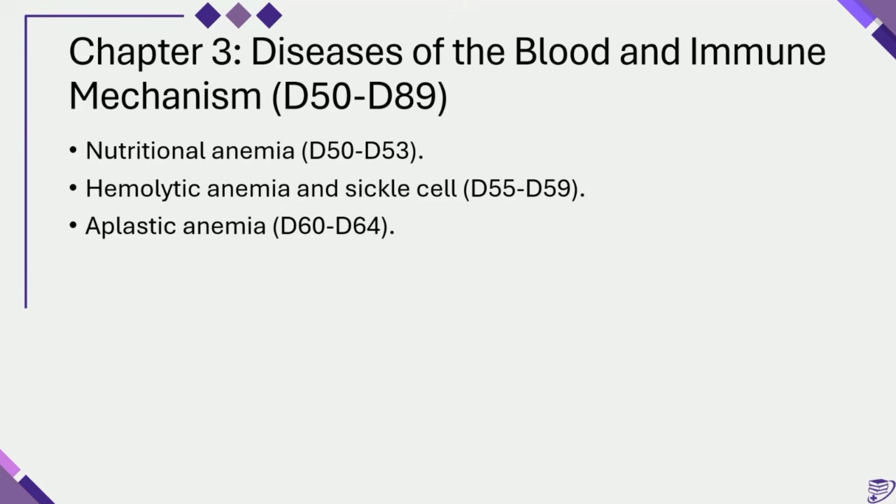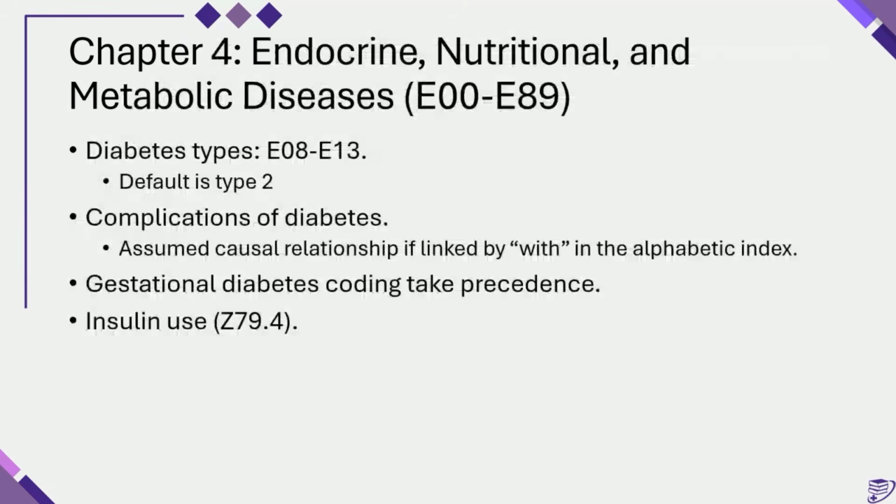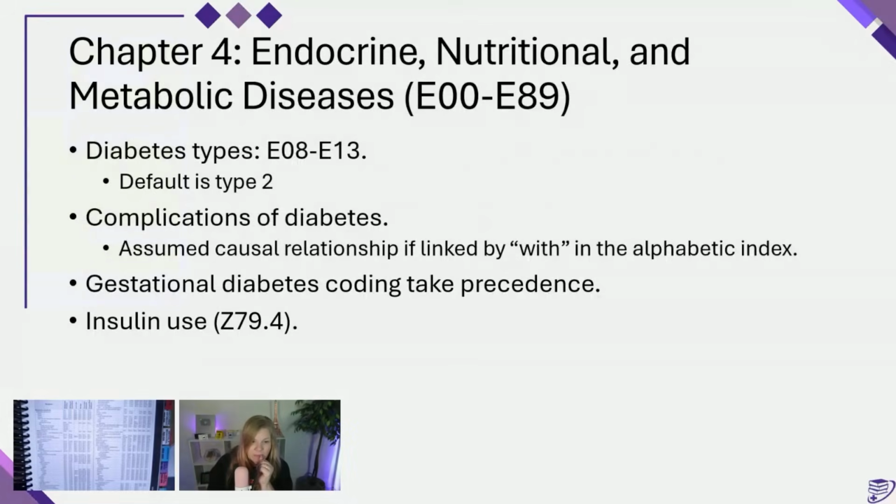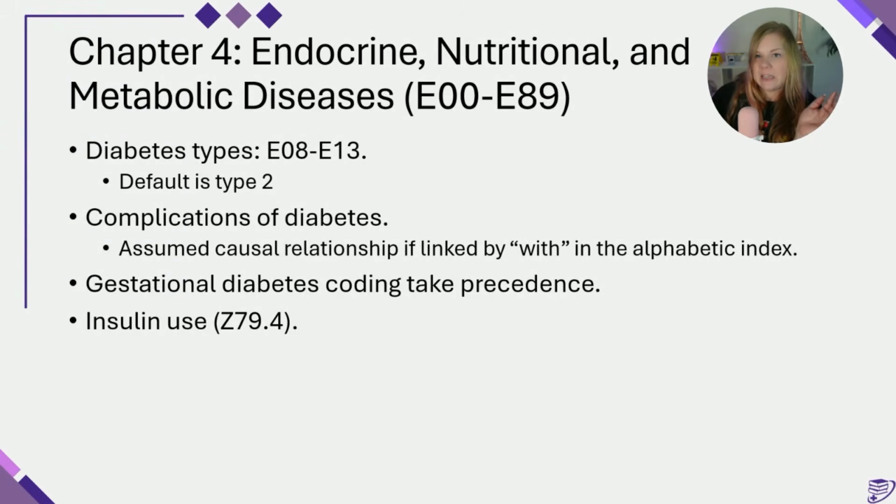Chapter 4 is all about endocrine, nutritional, and metabolic diseases, with diabetes being a key focus. So you'll use E08 through E13 for coding diabetes, depending on the type and the cause. For example, E11.9 is our type 2 diabetes without complications.